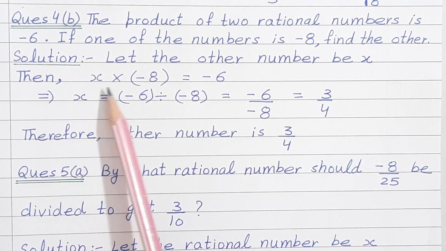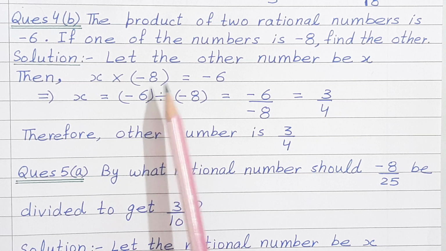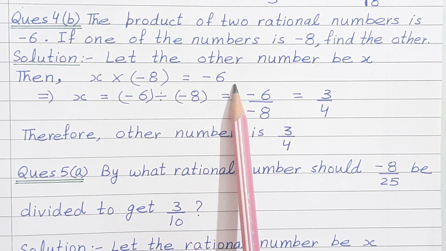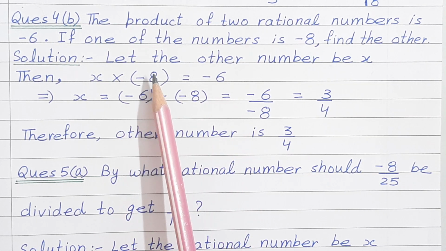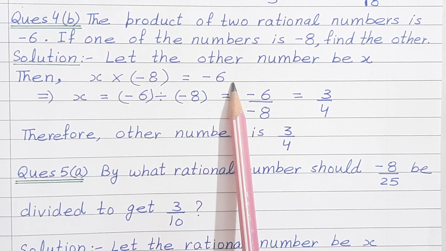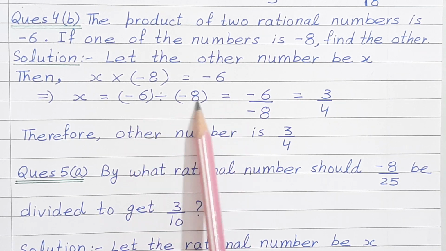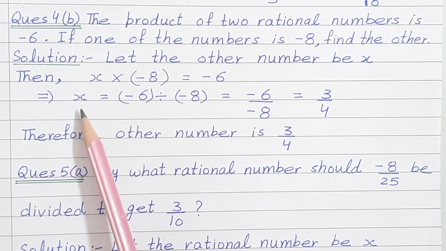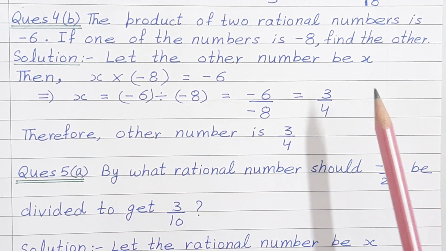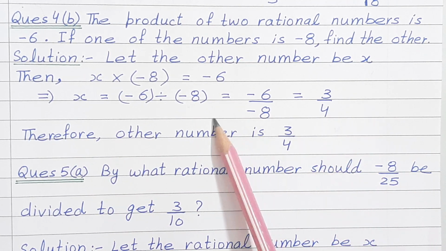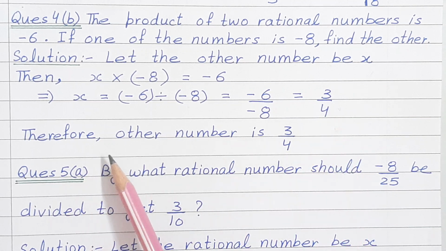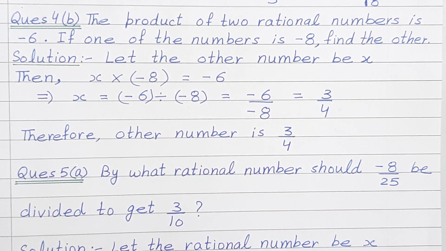Then x into minus 8 is equal to minus 6. So now minus 8 will go to other side and it will get divide. So x is equal to 3 upon 4 after the calculation part. Therefore, the other number is 3 upon 4.